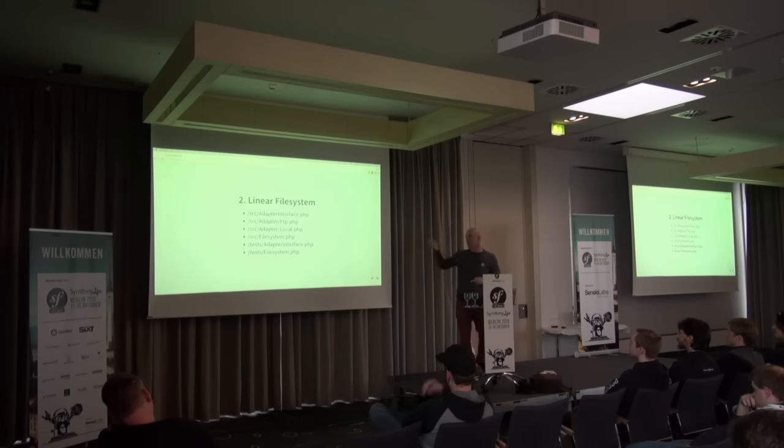And this is called a linear file system. Who here has worked with a linear file system before? Who here has worked with S3 before? Okay, somewhat more hands. Well, everybody who's worked with S3 before has worked with a linear file system. This is a linear file system.